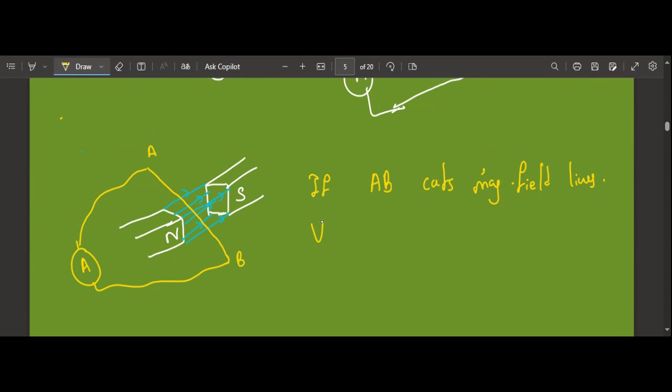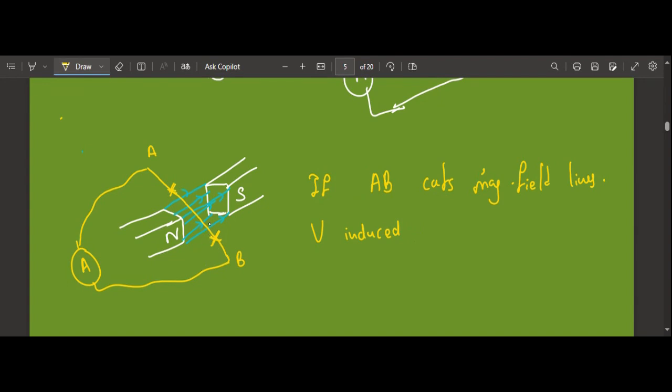The section I marked with the cross is the section which will cut the magnetic field lines. So when the magnetic field lines are cut by the wire, a voltage is induced. That means that part of the AB wire is acting like a kind of battery, so voltage is induced.